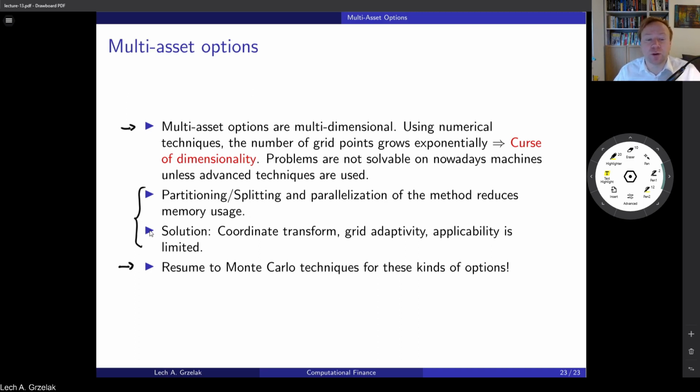So if you talk about 500 dimensions, none of those techniques, like grid adaptivity or parallelization, is really going to help you so much in a PDE approach. If we talk about Monte Carlo, then indeed parallelization, especially on the GPU, or fast Monte Carlo calculations help, and there are also many tricks to improve your Monte Carlo. Monte Carlo will be much more adequate for pricing of basket options.